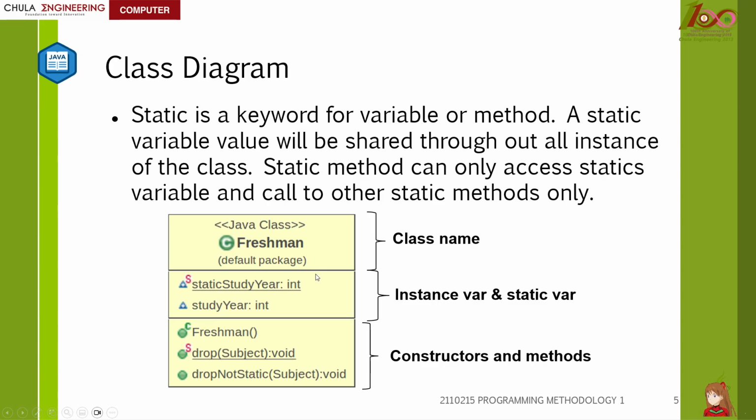And if our variable or method is static, it will be marked in the diagram as well. For static, not only will it be marked with S, right? A method or variable that is static will also have an underline right underneath it.